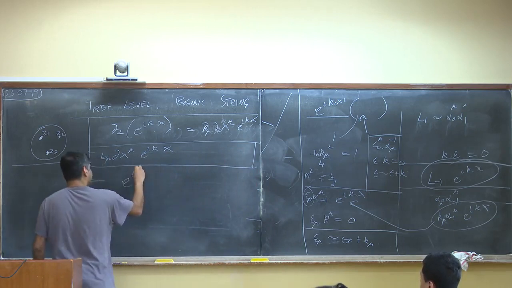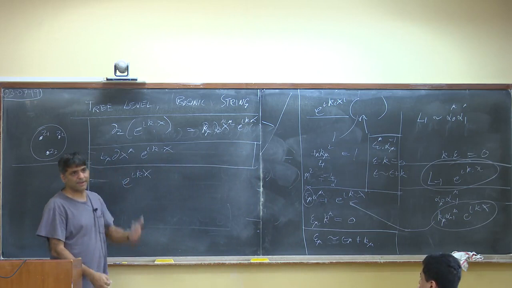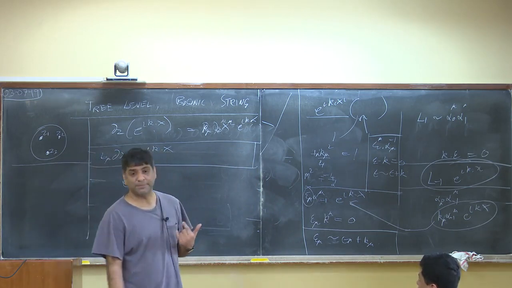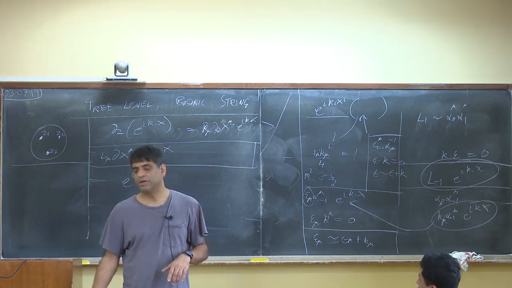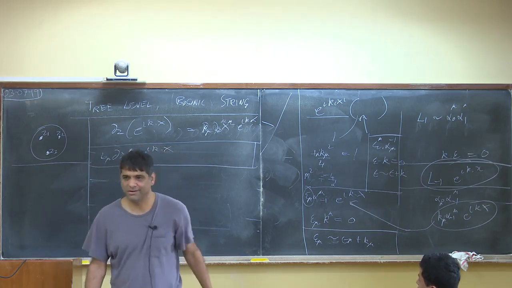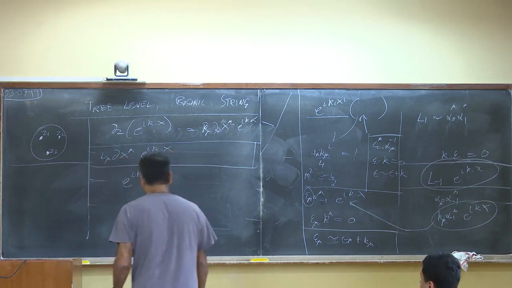So the first operator is both left and right, e to the pi k dot x, where alpha prime k squared by 4 is equal to 1. Okay, m squared is equal to minus 4 by alpha prime. Okay, so we have this.